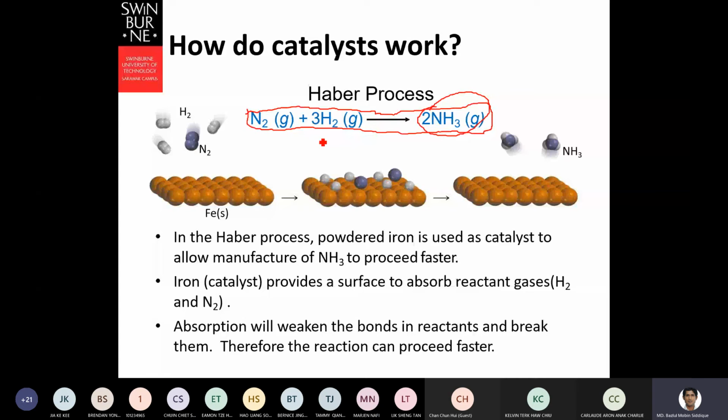This ammonia is very important for agricultural products, because this ammonia is used to produce urea, that is a very good fertilizer.